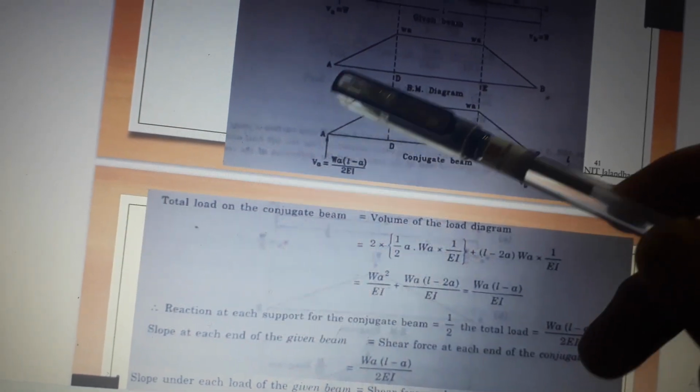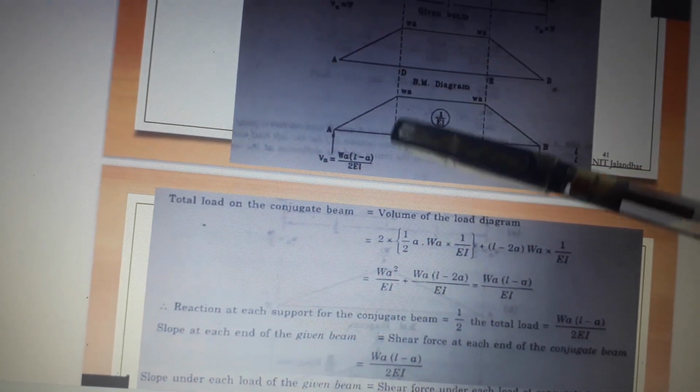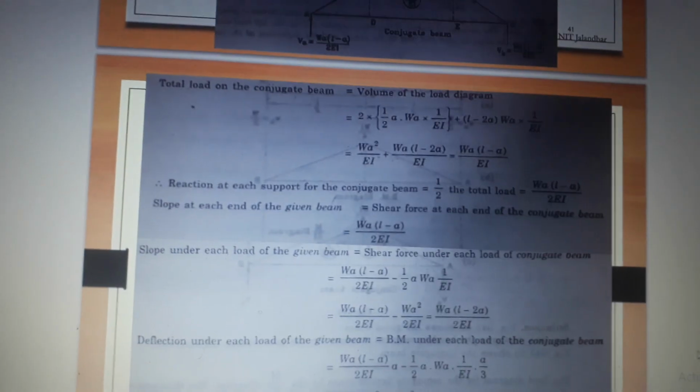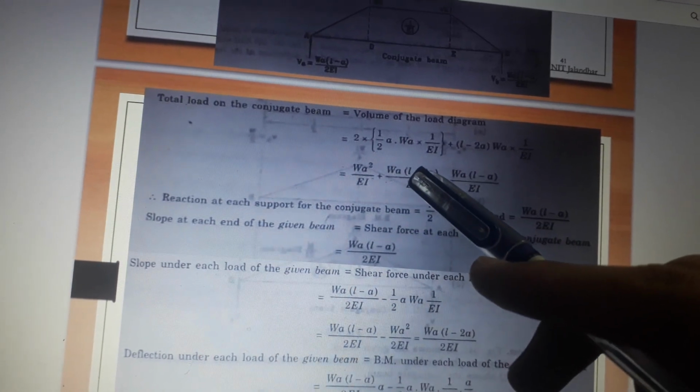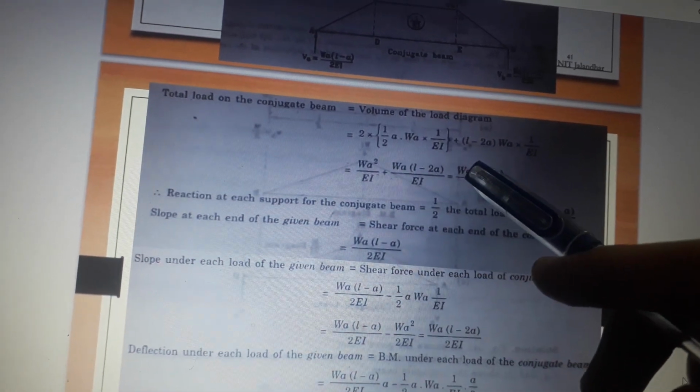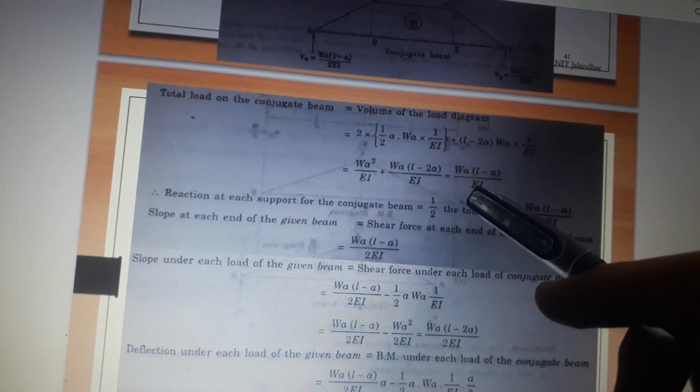Note, this is the area under the curve, half A into WA. This one is A, this is WA. So this is the area under the curve. The answer is WA square by EI plus WA into (L minus 2A) by EI, which is equal to WA into (L minus A) over EI.